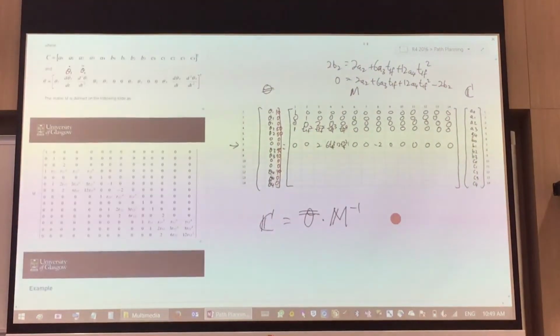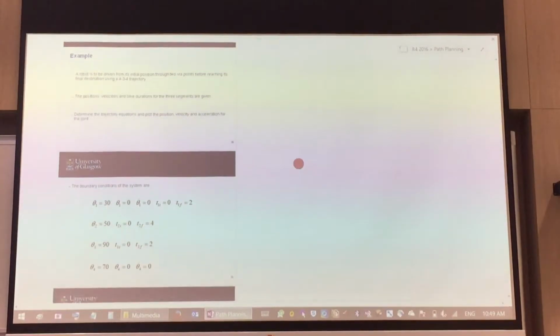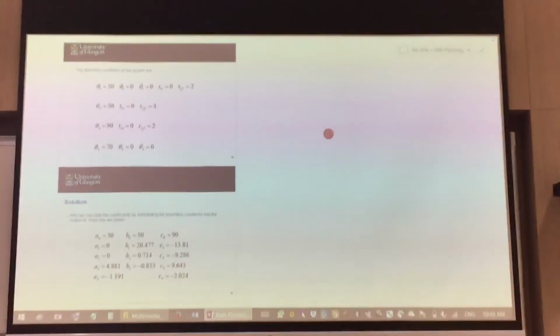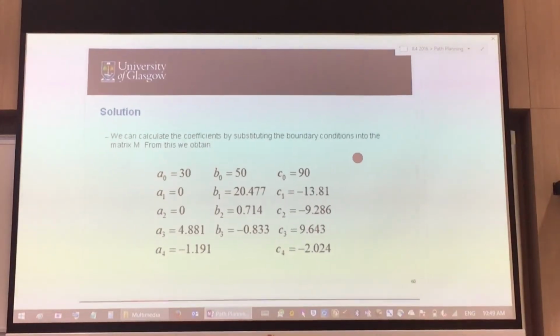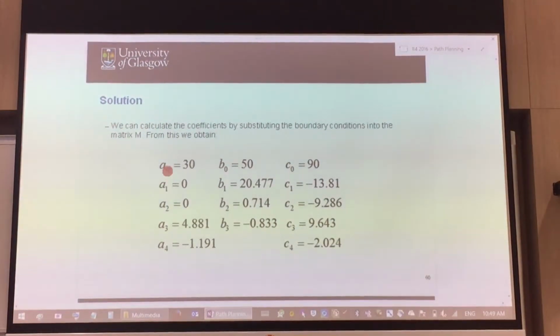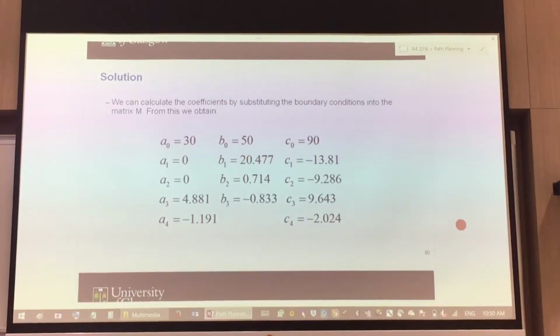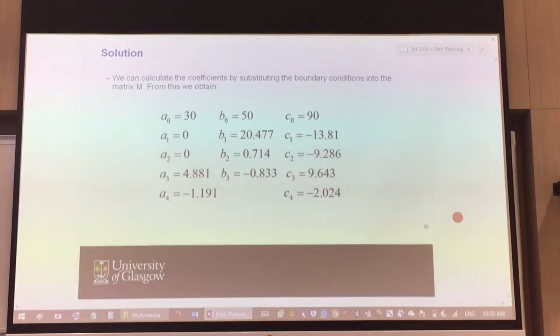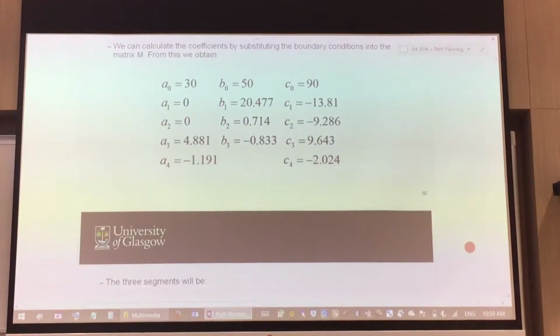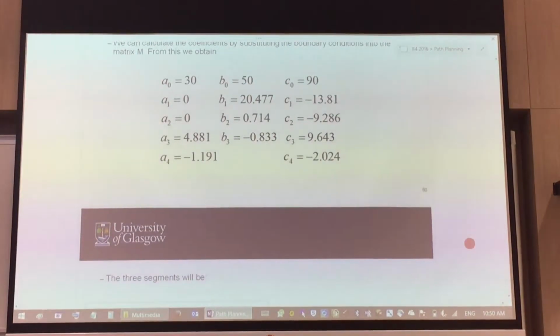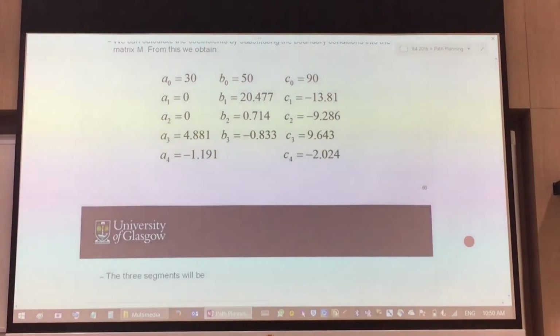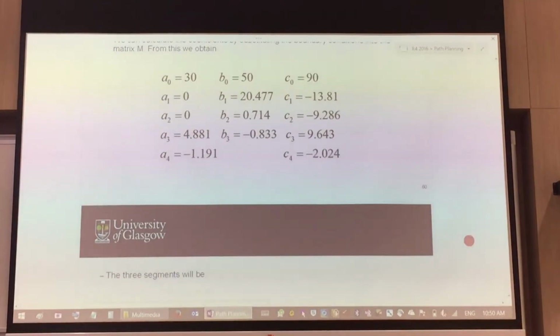Without going into that sort of detail, eventually you're going to get all your coefficients: your coefficients A0, A1, A2, A3, A4, coefficients of B, coefficients of C. What is important is this next graph over here. After you've gotten your coefficients, that means you would have your equations for all your positions.